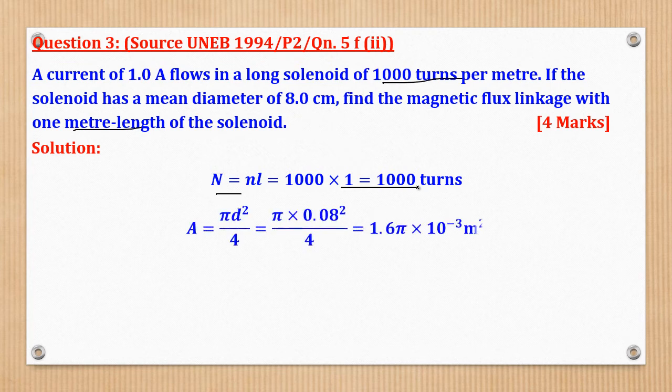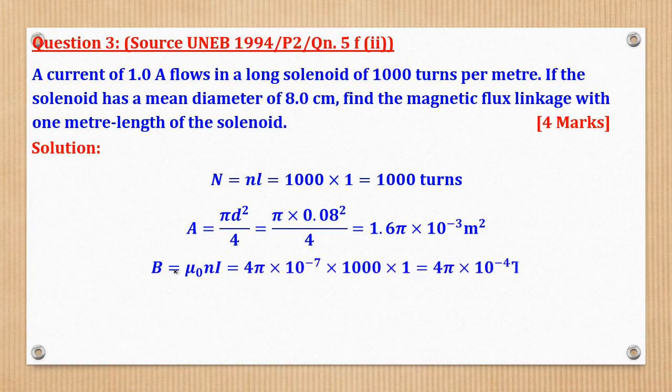Then the cross-section area of that coil will be pi d squared over 4. We are using over 4 because we are using diameter here. If this was radius, we would have said pi r squared. Then you convert this diameter to meters to come up with this.